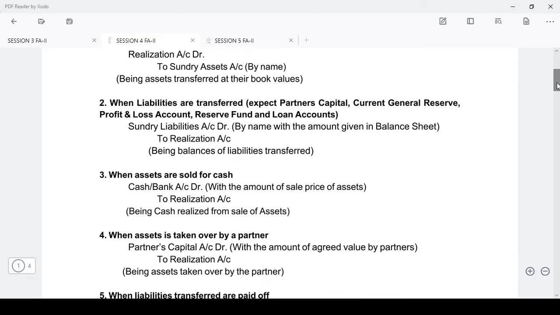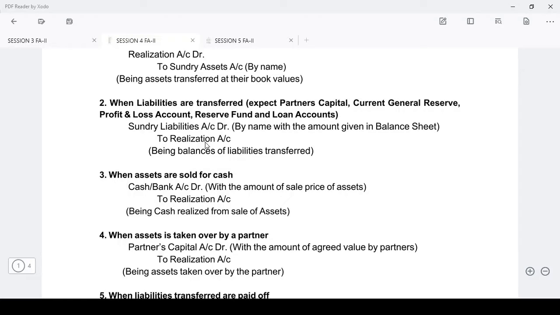Second one is when liabilities are transferred. And remember, while transferring the liabilities, you are not supposed to transfer the capital balances. If there are current account balances, general reserves, a P&L account, reserve fund, and any loan account, then what is the journal entry to transfer the liabilities to realization account?